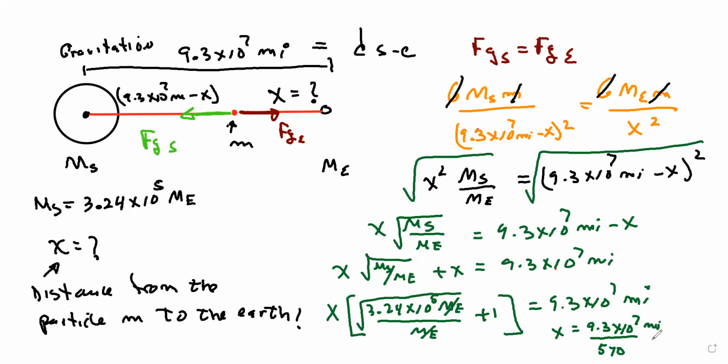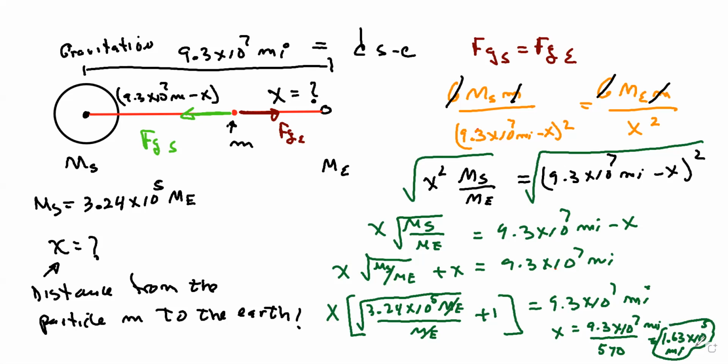And that's going to give you 1.63 times 10 to the 5 miles. This is going to be in miles, and this would be your answer right here. It's 1.63 times 10 to the 5 miles.